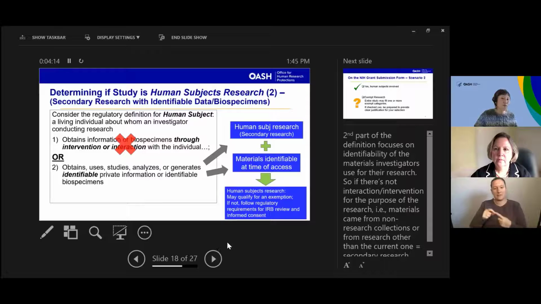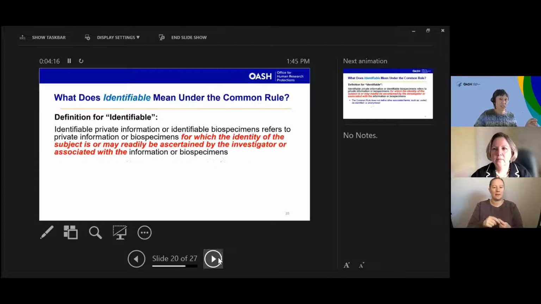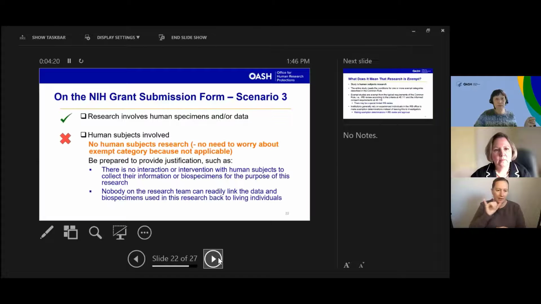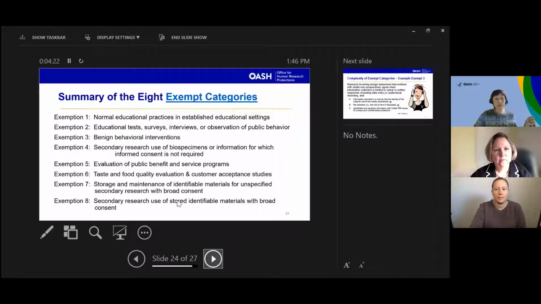And exemption 4 is the one of interest here. So let me just go to exemption 4. Remember how I said, you don't even have to consider exempt categories if the determination for your research is one that does not involve human subjects. It's only when you have made a determination that it is human subjects research that you consider exemptions. And you look at exemption 4.